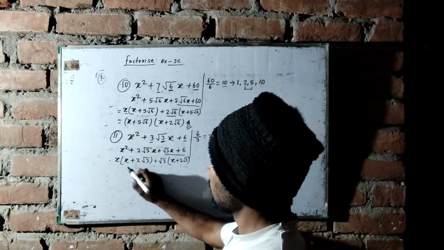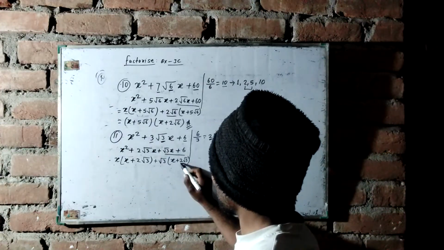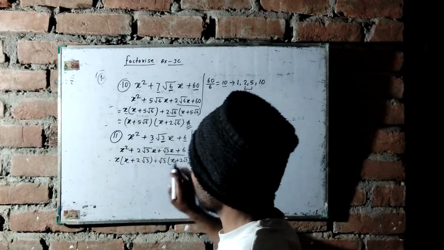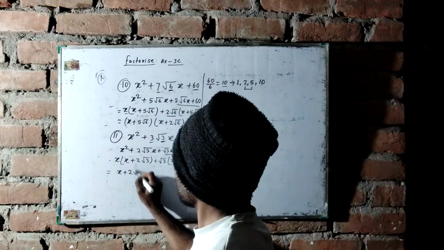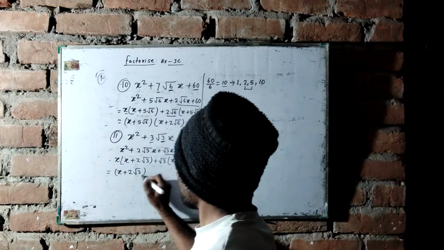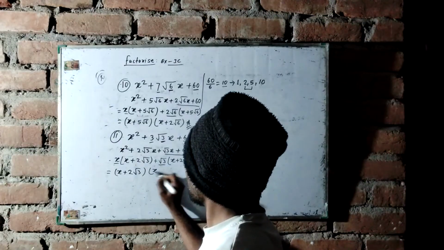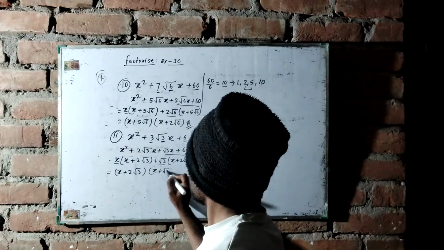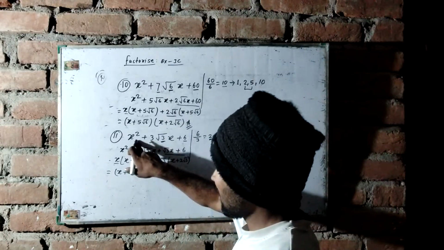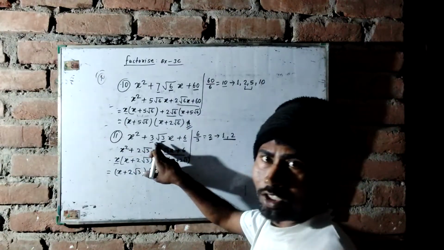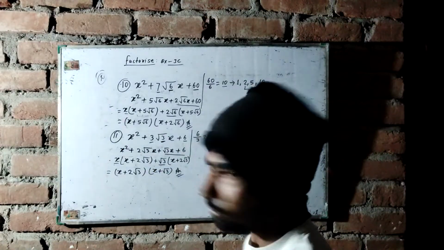Now we can see here x plus 2 under root 3 is present in both terms. So we can take x plus 2 under root 3 as a common factor and we can write x plus root 3 as a multiple. So these are the required factors of the polynomial x square plus 3 under root 3x plus 6.